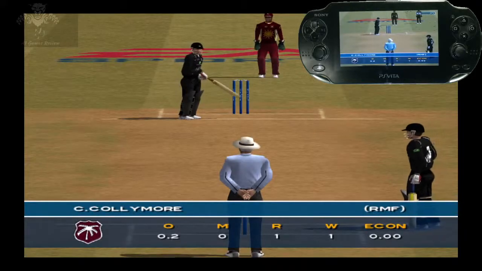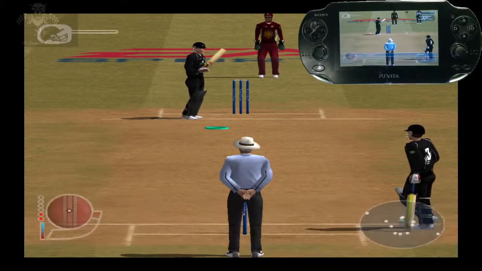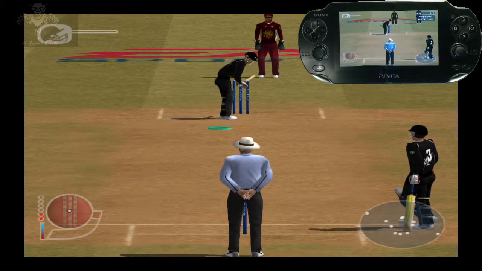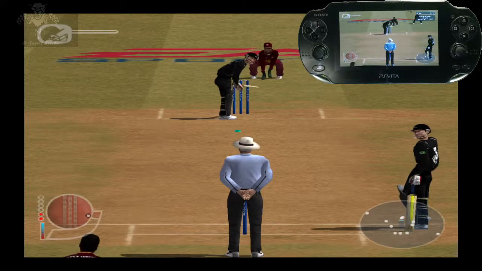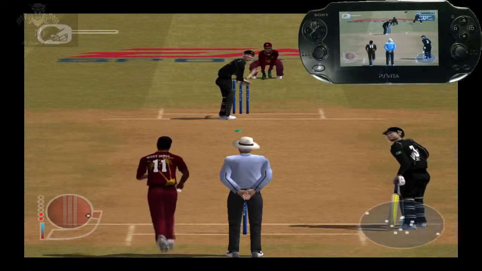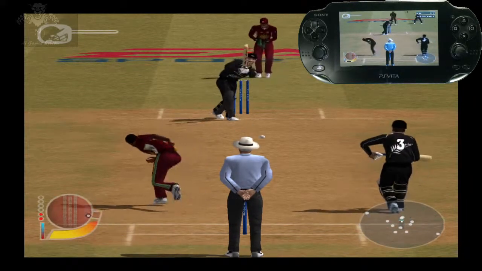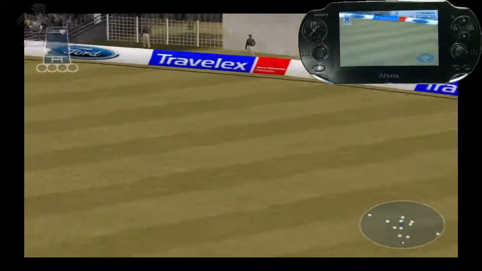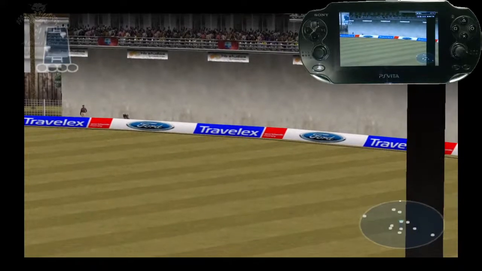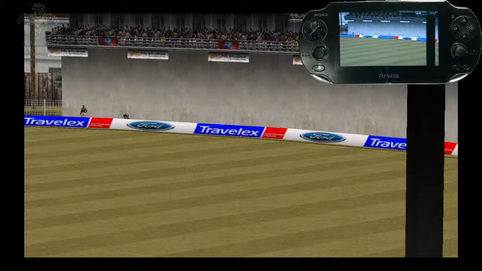There's the first run of the day for New Zealand. Not timed perfectly, but they'll get some runs anyway. He's found the gap with that one. Fleming very quickly onto that one. What can I say about that shot? He looks in top form today.